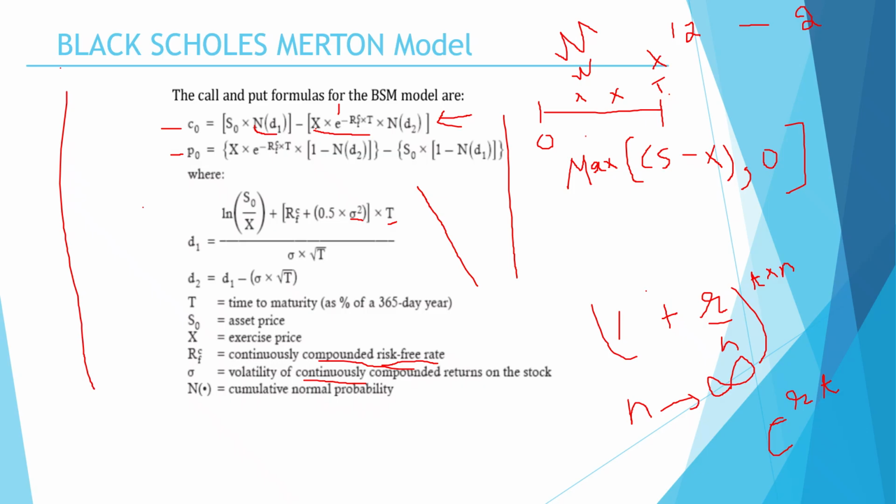For example, if I throw the dice and get 12, what is the probability for that? The probability of getting 12 is 1 by 6. Similarly, if you do not get 6, what is the probability for that? The probability for that is around 5 by 6.